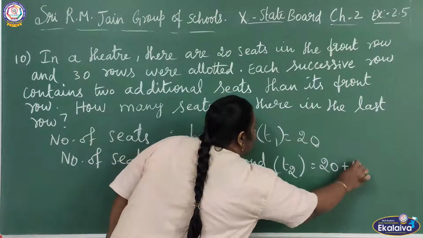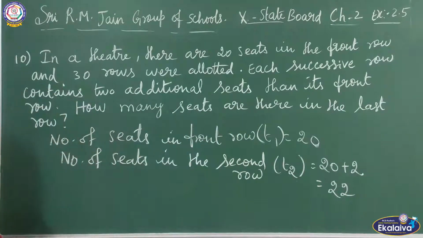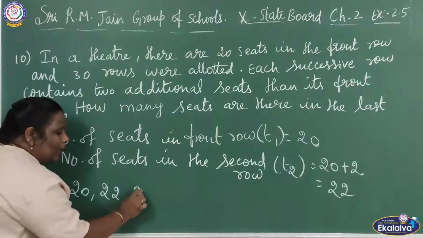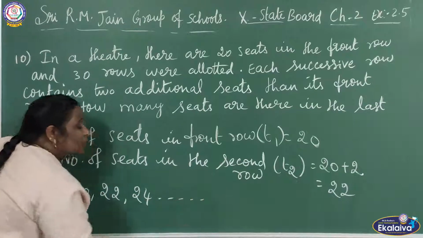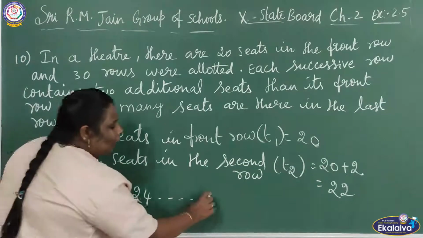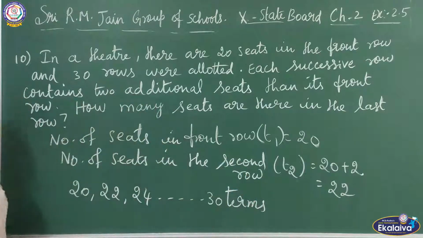So 20 plus 2 gives 22. You should find out the number of seats in the 30th row. The first row has 20, the next row 22, the next row 24. Likewise you should find out the 30th row, the last row, the 30th term.